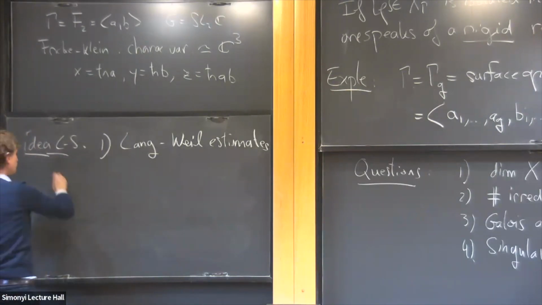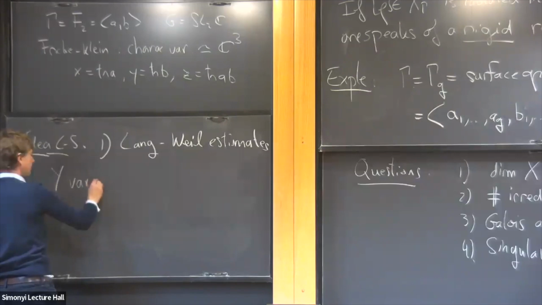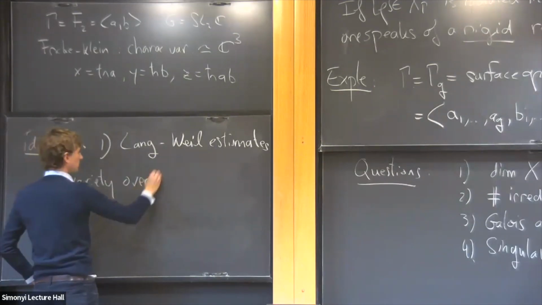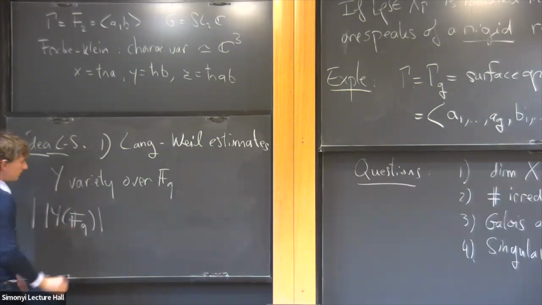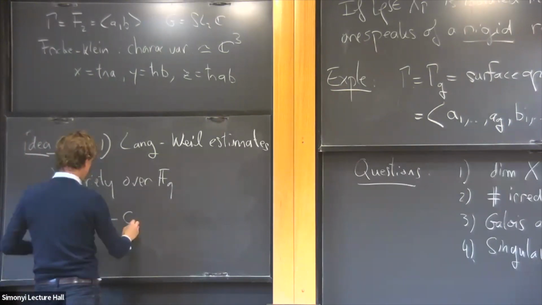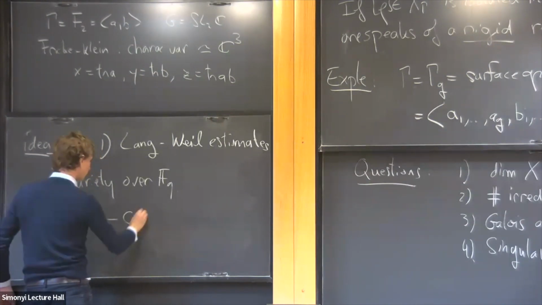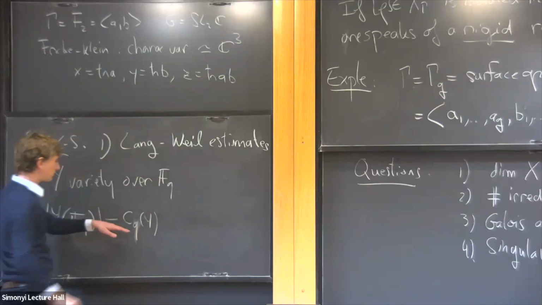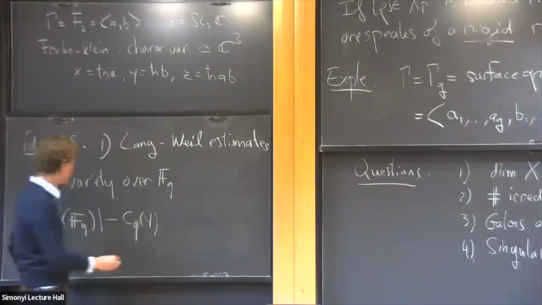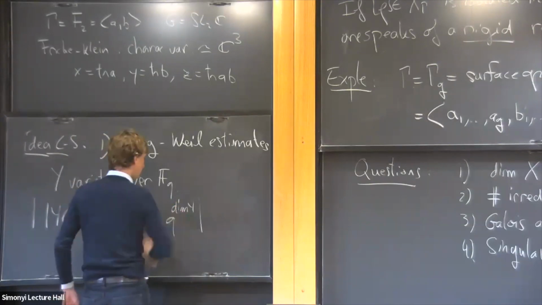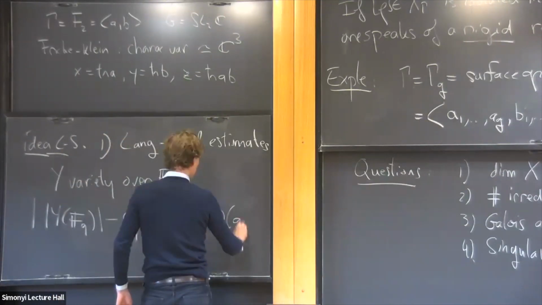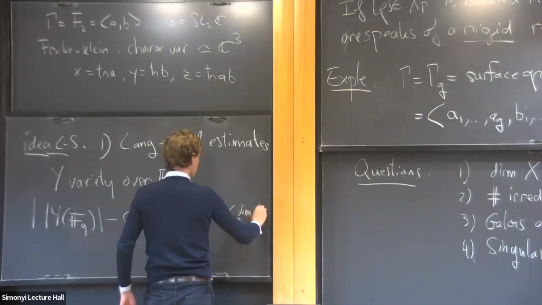Which asserts that if you have a variety defined over a field, then you can estimate the number of points of the variety over Fq as the number of components that are defined over Fq times q to the dimension, and this is up to big O of q to the dimension minus 1/2.